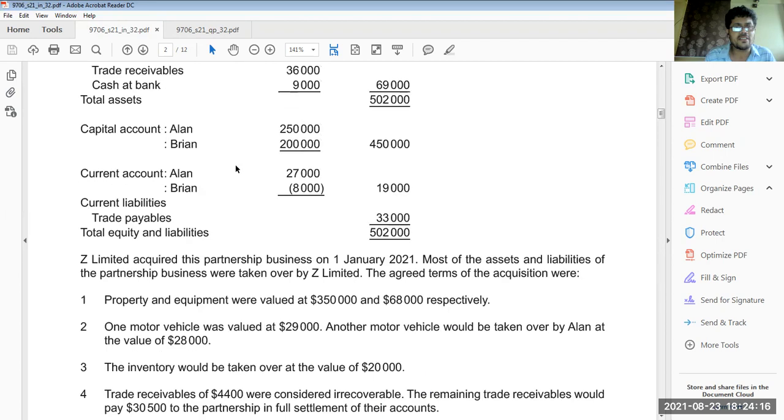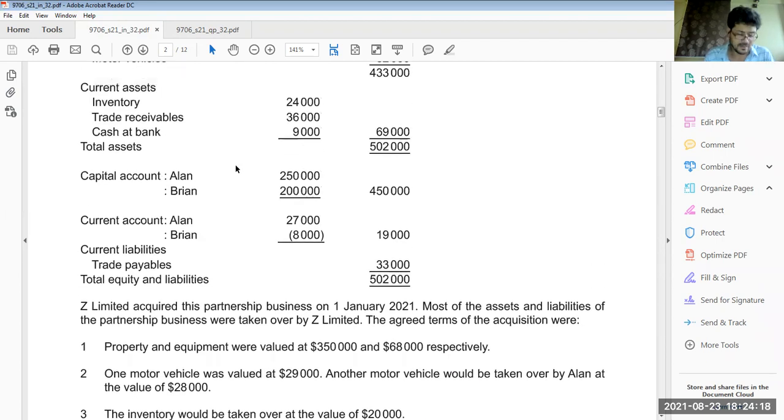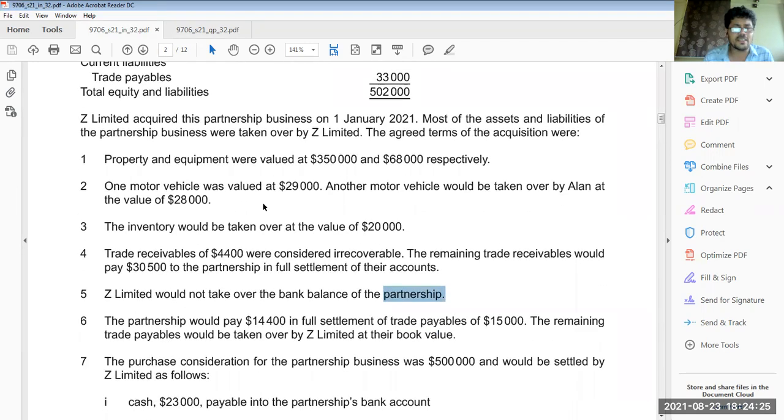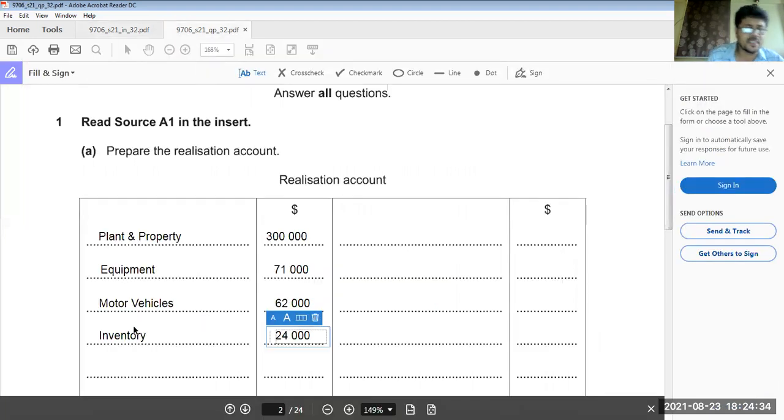Now, account receivable is 36,000. Okay. Minus 4,400 bad debts. And out of 31,600, we are paying 30,500. So it means 1,100 is your discount allowance. Okay. So we have to report it in realization, the bad debts or irrecoverable debts, $4,400.